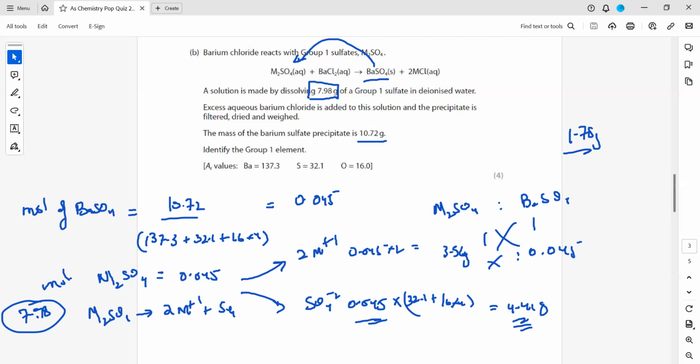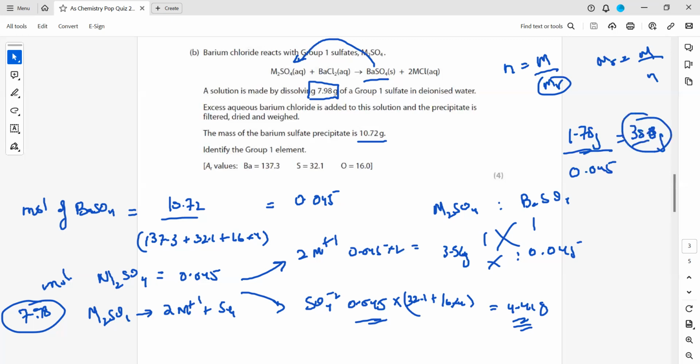And now we divide by the moles, because we have the formula that moles equal mass in gram divided by molar mass. So if you need the molar mass, molar mass is mass in gram divided by moles. So mass in gram is 1.78 and the moles of this compound are 0.045. So this will give us the molar mass of this compound, that is 38.8 grams.